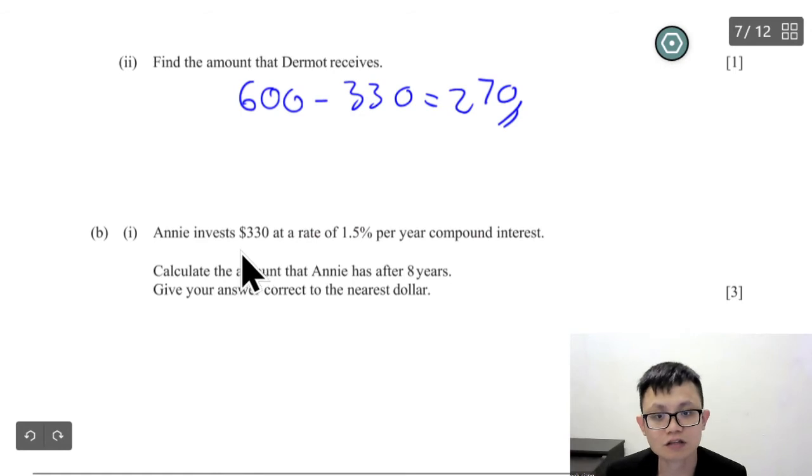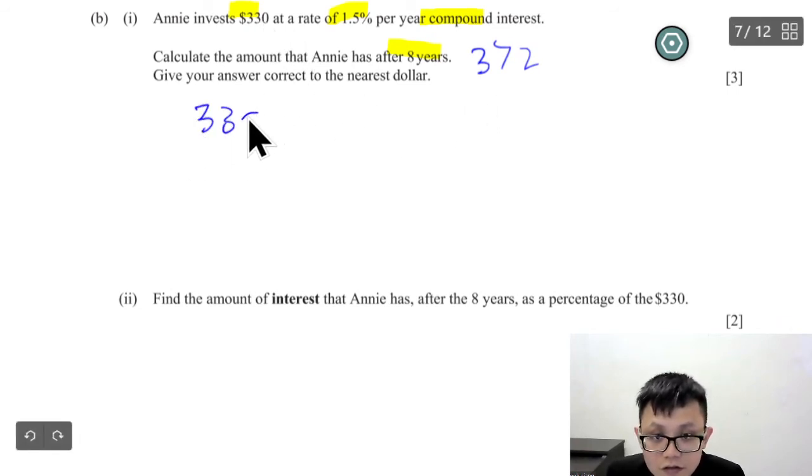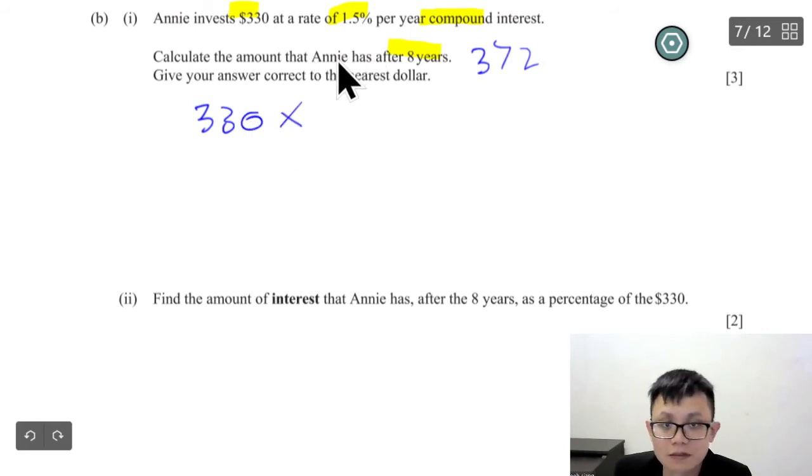Annie invested 330 at the rate of 1.5% compound interest. Calculate after 8 years. So the information I need is just this one. So try to do this question. Okay, so for question here, nearest dollar. Okay, so let's try to do this question. 330 times 1.5% interest.